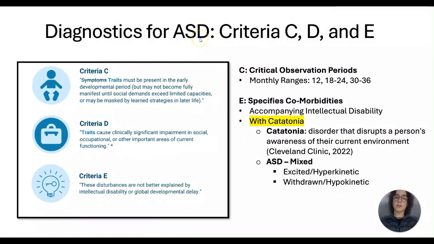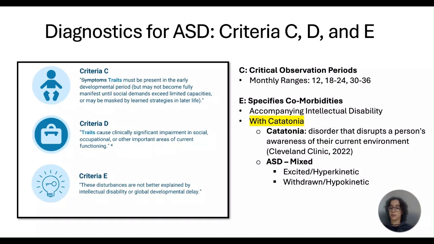In this final category for criteria, really the only thing that is important to note here is that a common comorbidity that can occur with autism is catatonia. So that would disrupt their ability to be aware of the current environment.